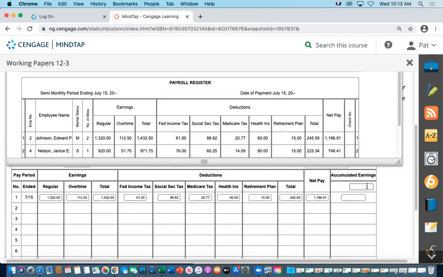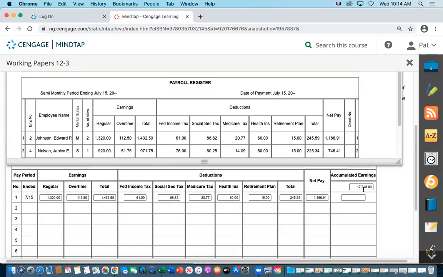The difference is in our directions, it told us we had $17,218 in our accumulated earnings. What is accumulated earnings? It's all the money we made, our total earnings before deductions, plus all the money we made this pay period's total earnings.